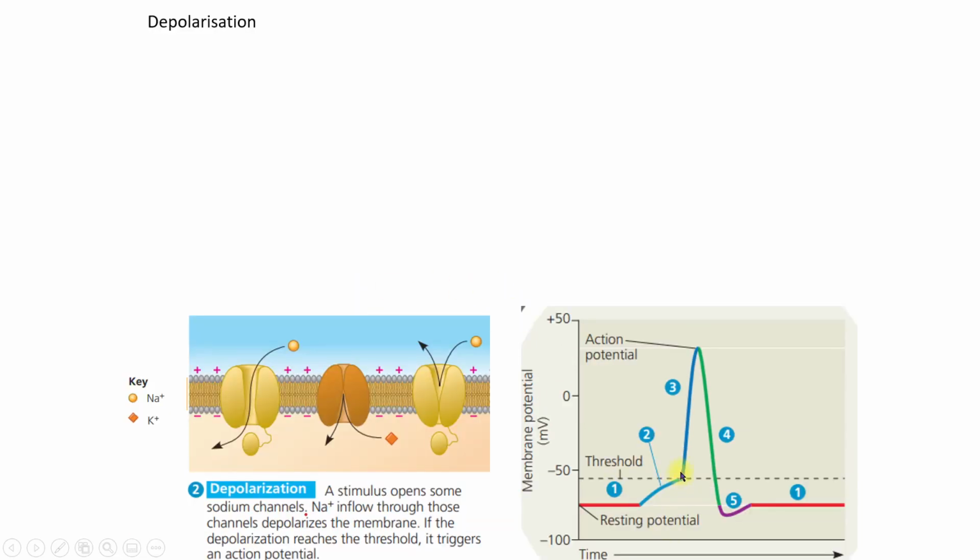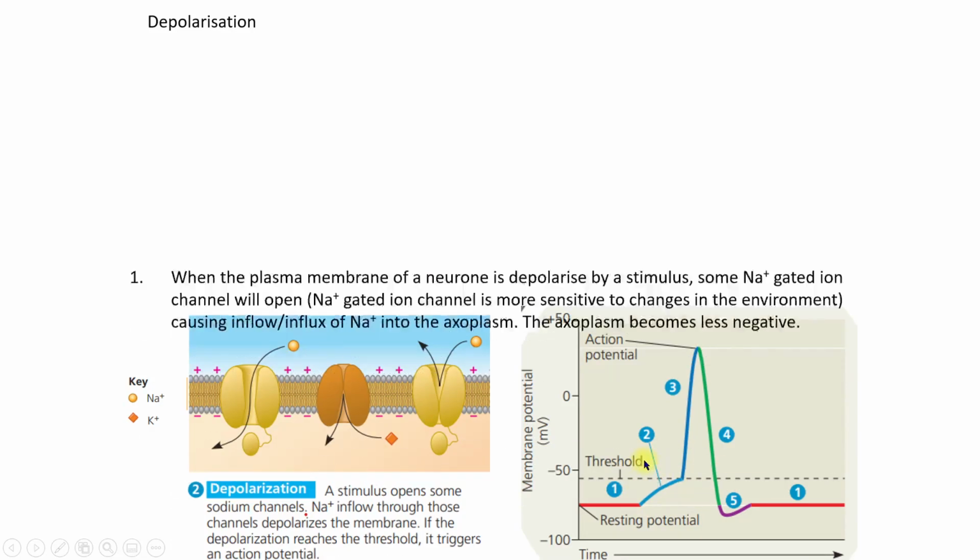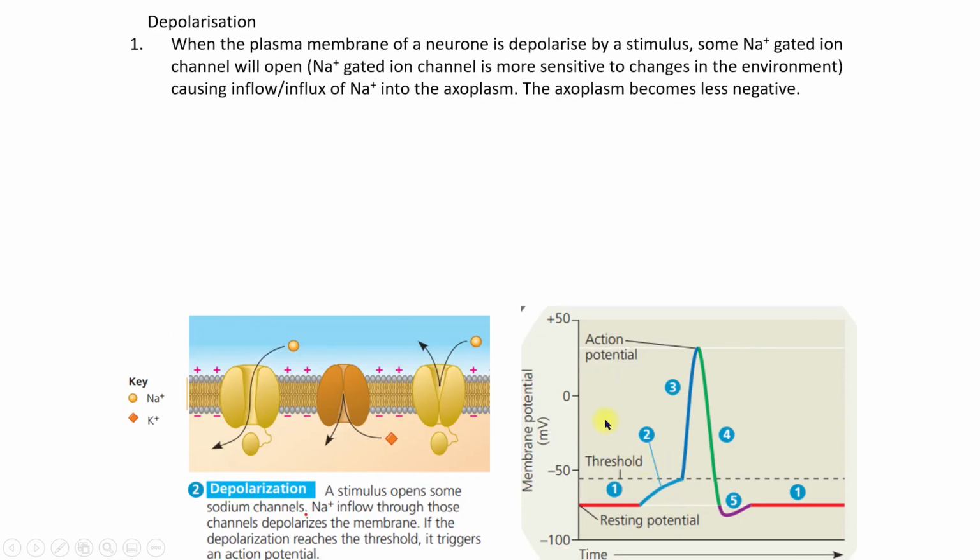Now, let's look here at the second stage, which is known as depolarization. What happens here? When the plasma membrane of a neuron is depolarized by a stimulus, some sodium ion gated ion channels will open, causing inflow or influx of sodium ions into the cytoplasm.